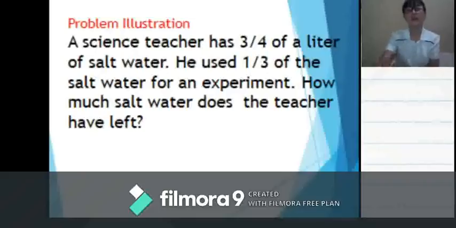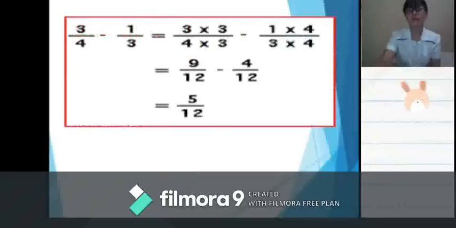To simplify this information, let us use our rules and process on how to solve this problem. Okay, so let us apply the steps so we can get the answer of 5/12. Since our facts are already in this figure, as you can see, the denominators of these fractions are not the same. So therefore, we have to look for the LCD, right?